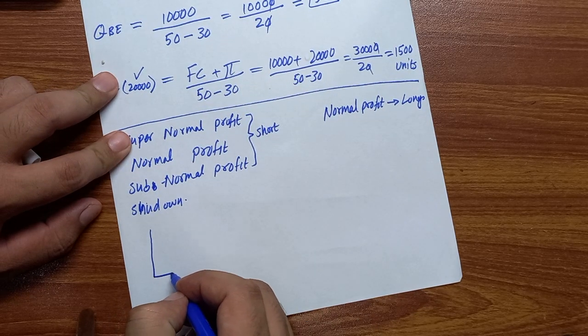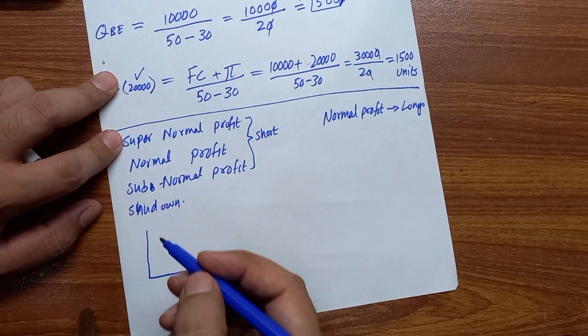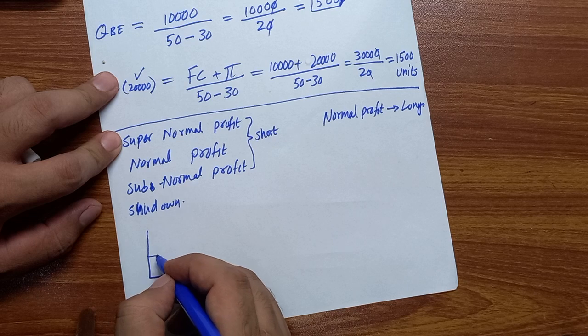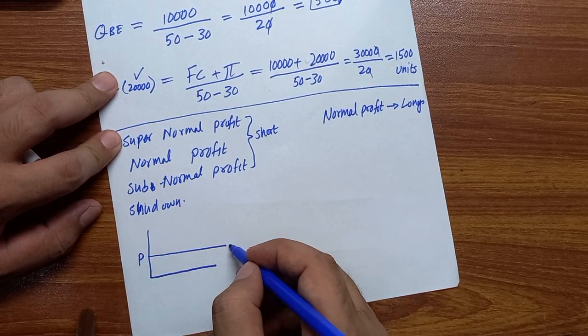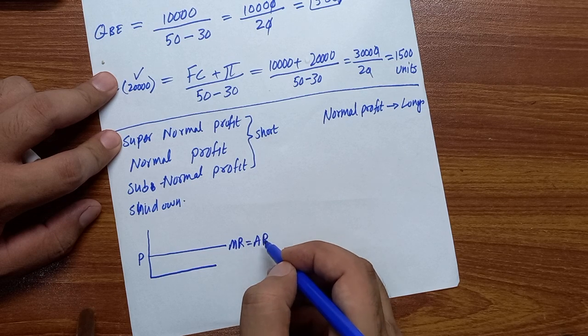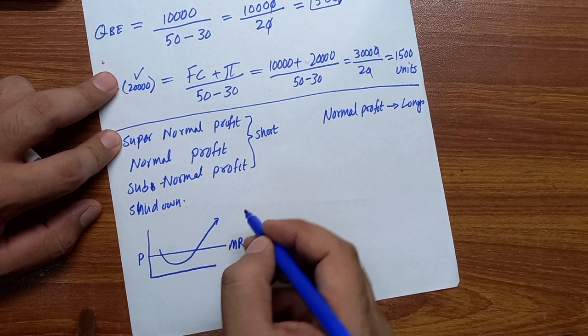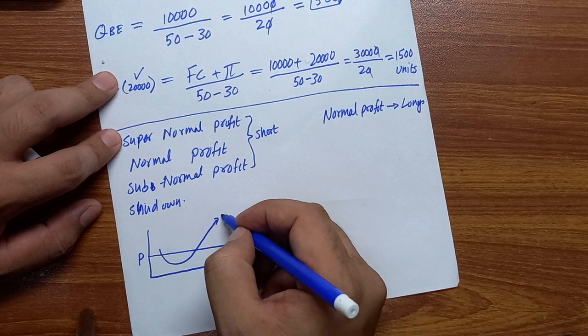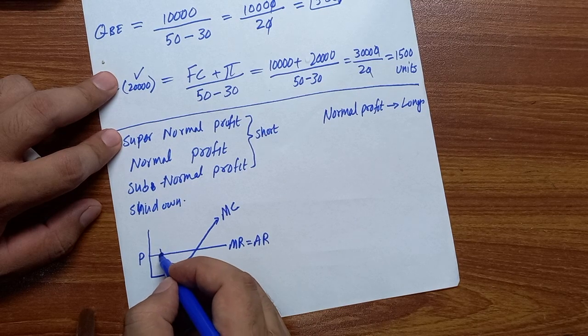This is the graph. For a competitive market we have the same price, and this is also called MR or AR. The next is a curve, which is MC, and we have two points here.